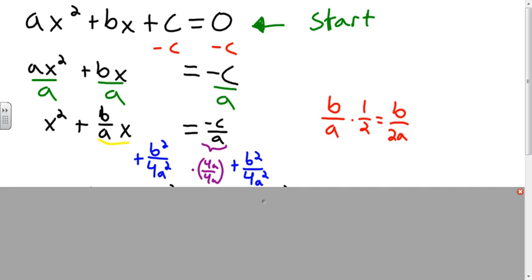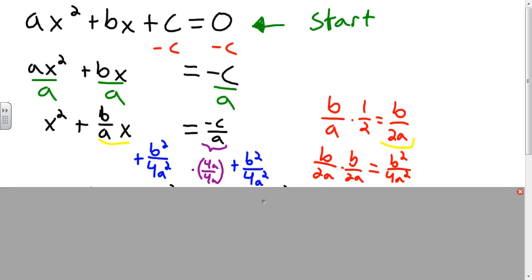Then, that's what we would put into our binomial, but to find what we're adding onto our trinomial to make it a perfect square trinomial, remember we have to take this amount and square it. So it would be b over 2a times b over 2a. That's how we'd square it, which leaves us with b squared over 4a squared.